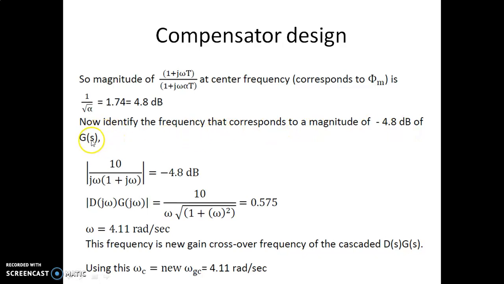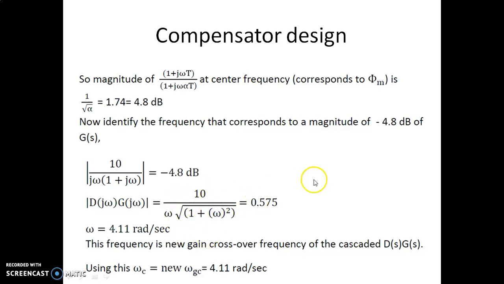This particular frequency happens to be the frequency at which our maximum phase shift should occur. So you can see I'm substituting this minus 4.8 dB. The equivalent of that in ratio is 0.575. I'm equating this magnitude to this magnitude equation.